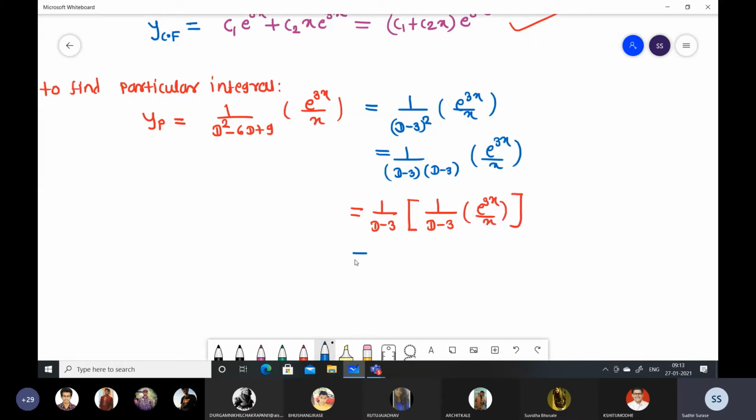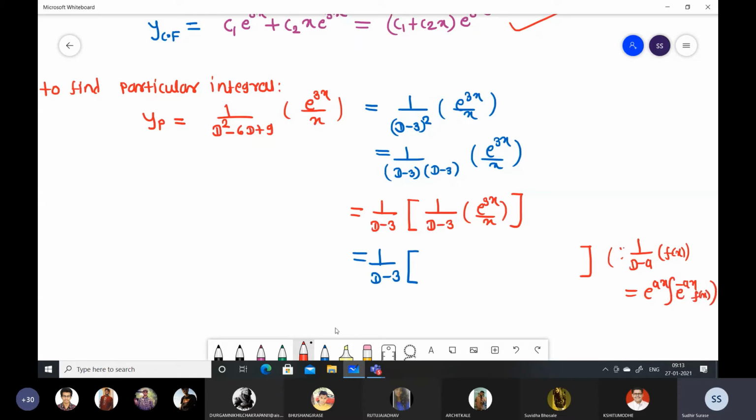Since 1 upon (D minus a) f of x equals e to the power ax times the integral of e to the power negative ax f of x dx, this is the formula.